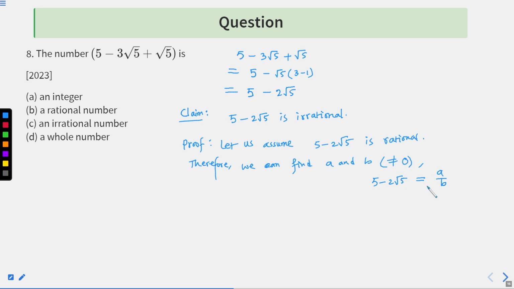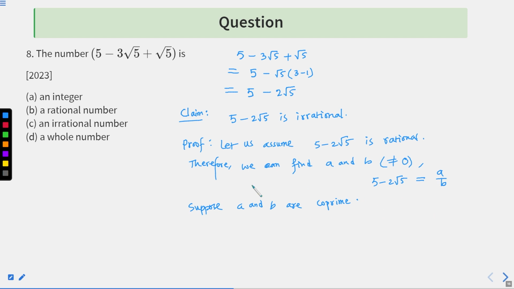If A and B have common factors other than 1, then we can divide by the common factor, and we'll get two numbers that are co-prime. So we suppose A and B are co-prime, that means A and B have no common factors other than 1.